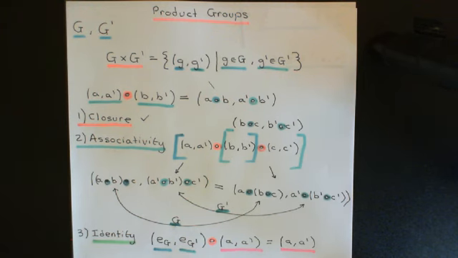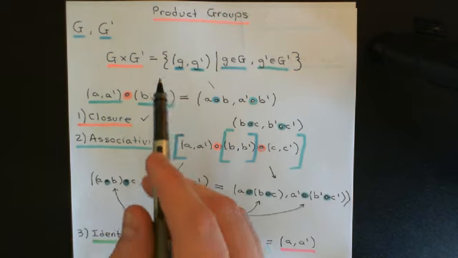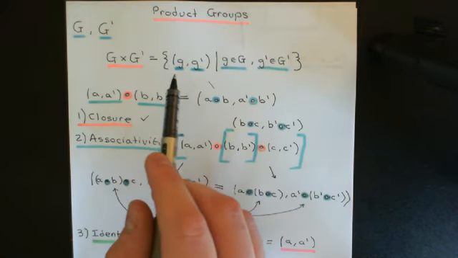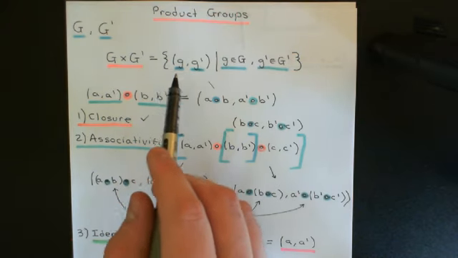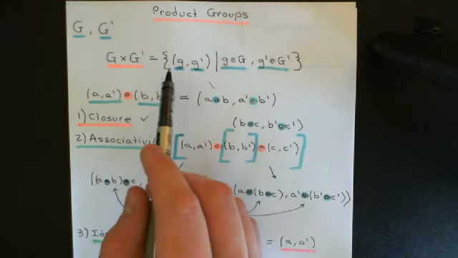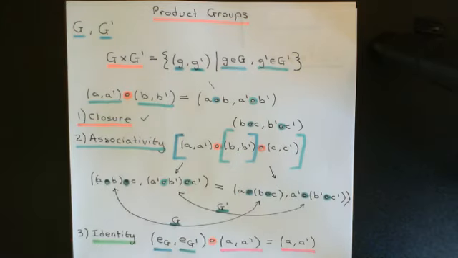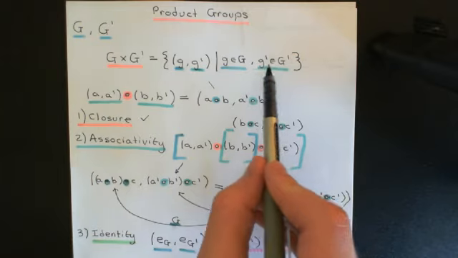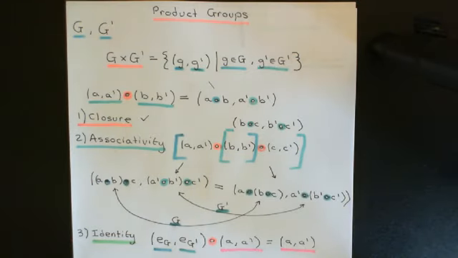And we've discussed that the way that you actually construct this is that you firstly construct the set, which consists of all ordered pairs of elements from these two groups. So all things of the form (g, g prime), where little g is an element of the first group, capital G, and little g prime is an element of the second group, capital G prime.